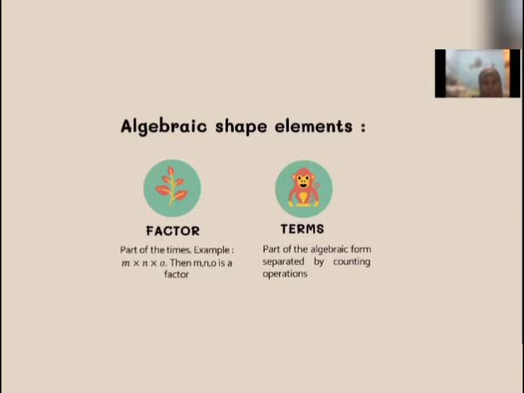Number 4, factor. A factor is part of a product. Example, m times n times o; then m, n and o are factors. Number 5, terms. Terms are parts of the algebraic form separated by arithmetic operations.